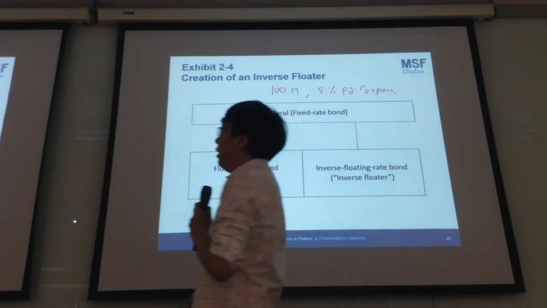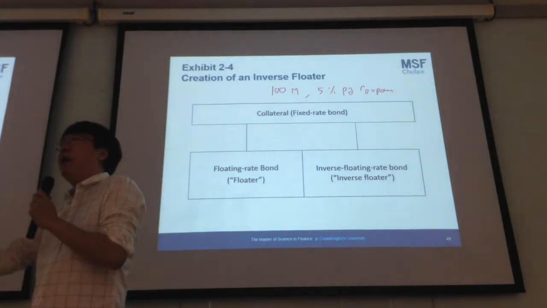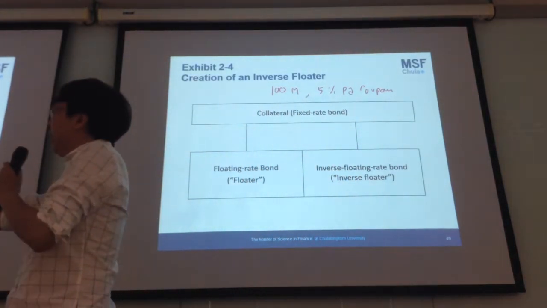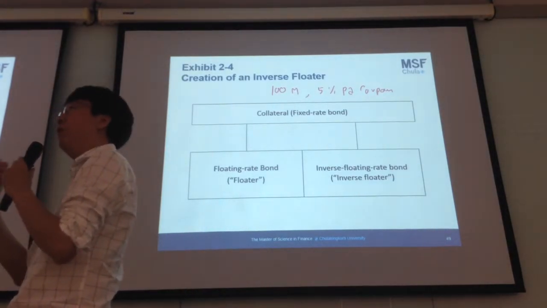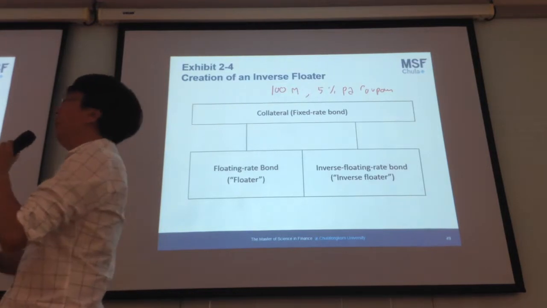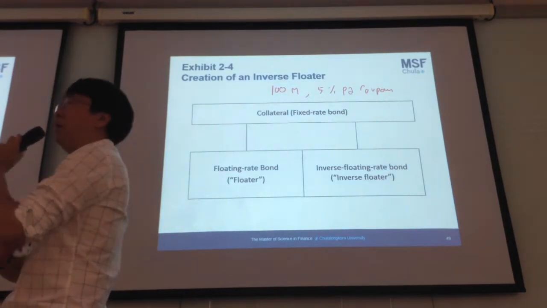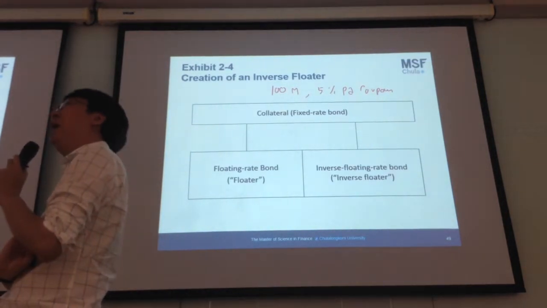The trader buys this bond as collateral. So every year, this bond will pay the interest, the coupon, at 5%, with the size of investment equal to 100 million, the par.